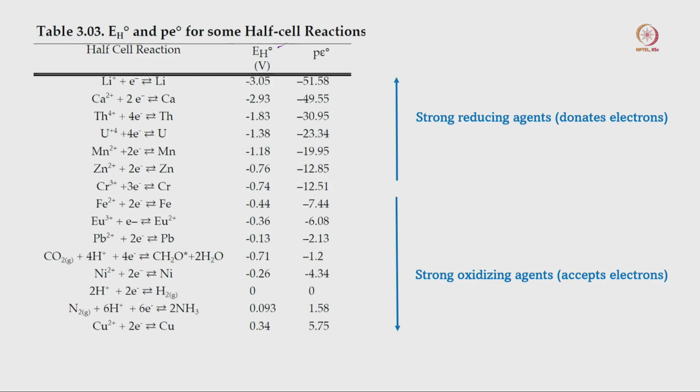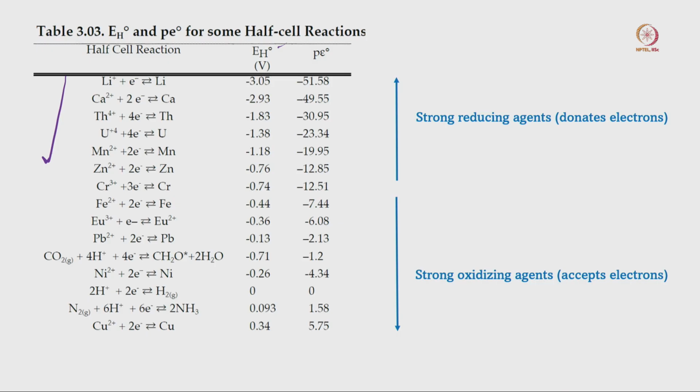Those which are on the top part of this list are very strong reducing agents. That means they have a very high tendency to donate electrons. So, this alkali element lithium, it will become very stable if it gives out one electron.